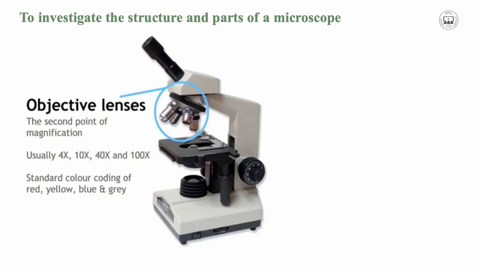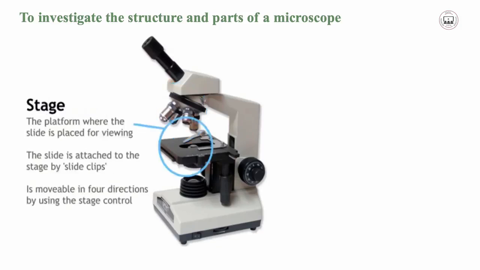There are usually 4 objective lenses, color-coded for easy recognition. The 4 times is red, 10 times is yellow, 40 times is blue, and the oil immersion lens 100 times is grey. The stage. This is the platform where the slide is placed for viewing.